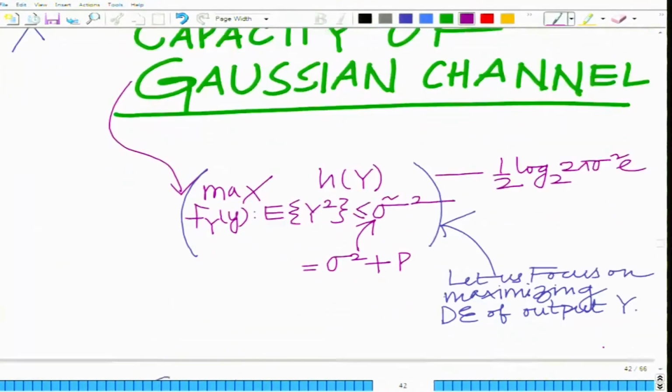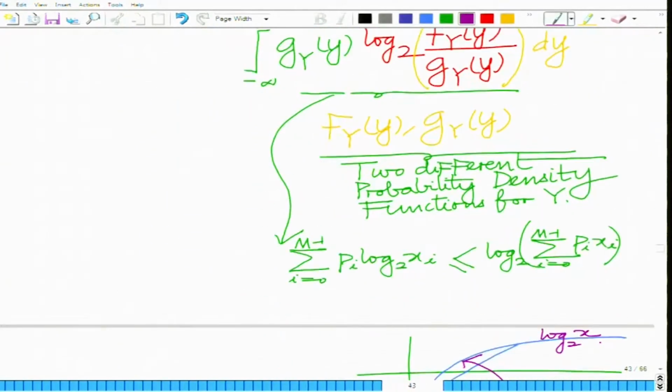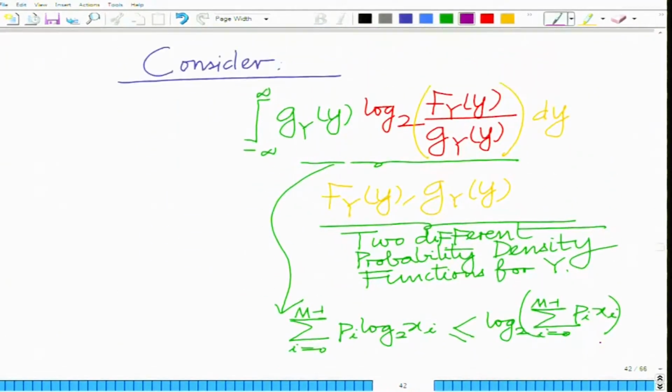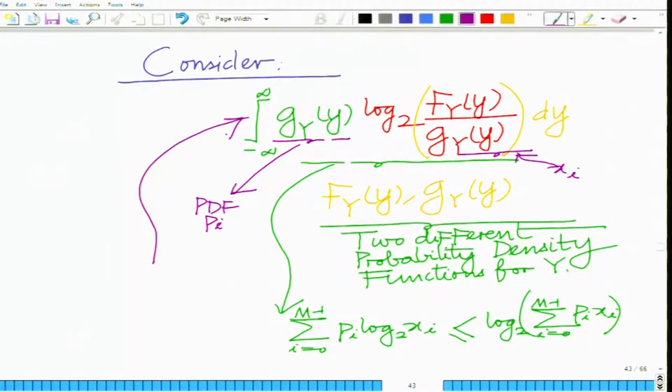Now, the second point: this is simply a probability density function. You can think of this as p_i, you can think of this quantity as x_i, and the integral is nothing but a continuous sum.